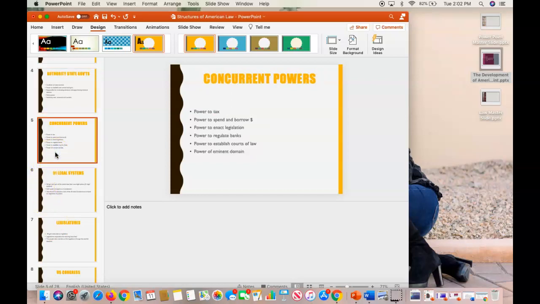Powers that both the federal government and states share are called concurrent powers. These include the power to tax. We know this as we pay both federal and state taxes. The power to spend and borrow money, the power to enact legislation.